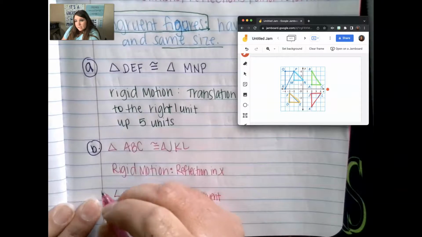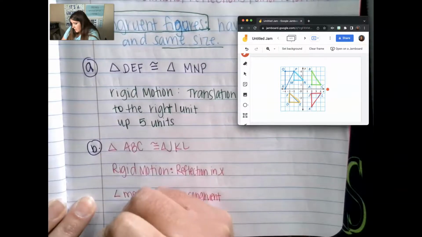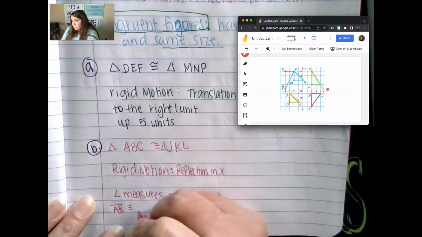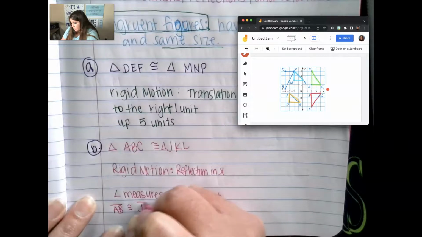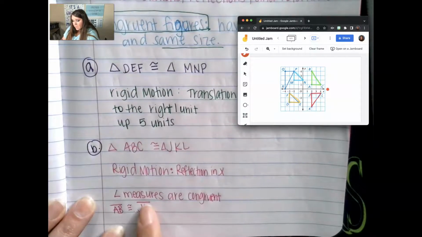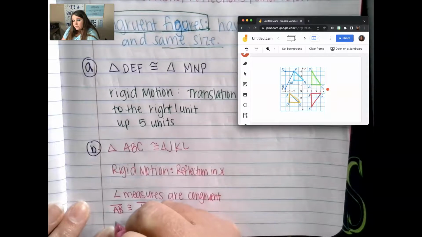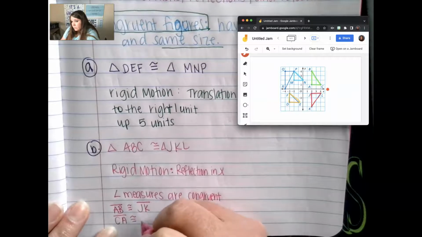So our sides are the same. So side AB is congruent to side JK. We use that little line over the top to talk about the line segment. And the line segment CA is congruent to LJ.